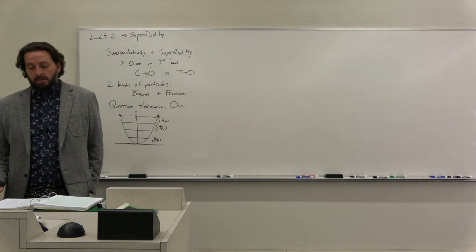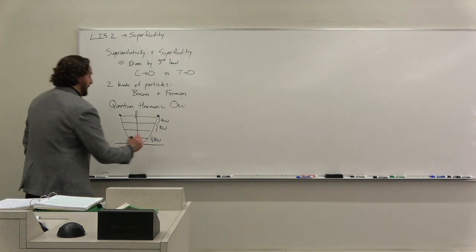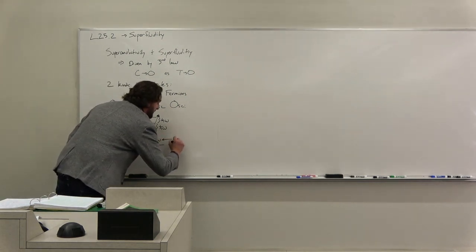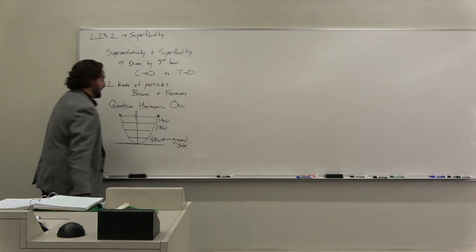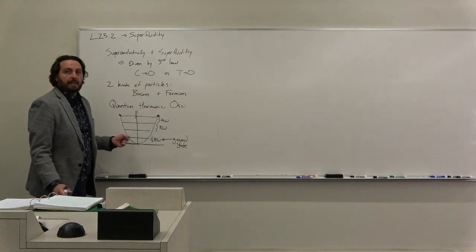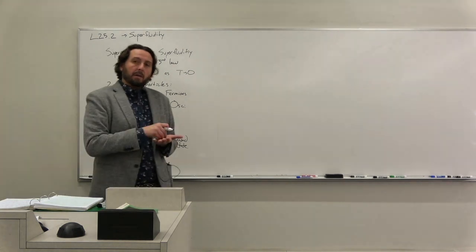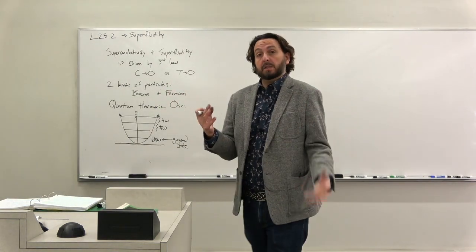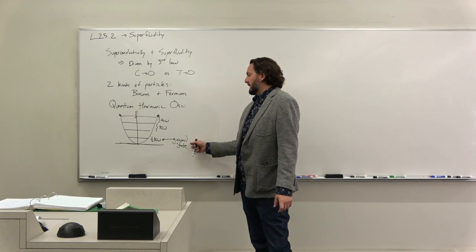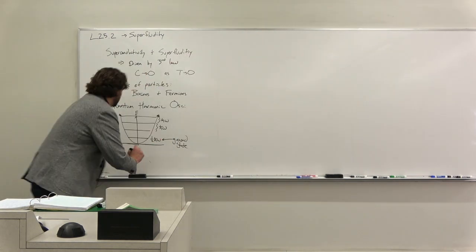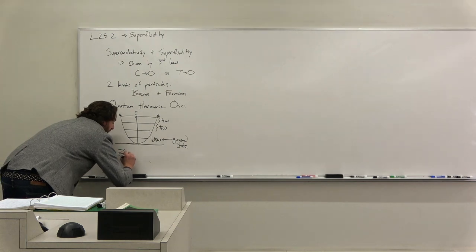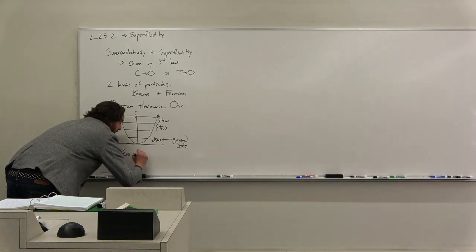So hopefully you saw that. So this one is called the ground state. Okay, so this is the lowest energy, but it's not zero energy. There's always this finite energy in the quantum harmonic oscillator, and that's called the zero point energy.